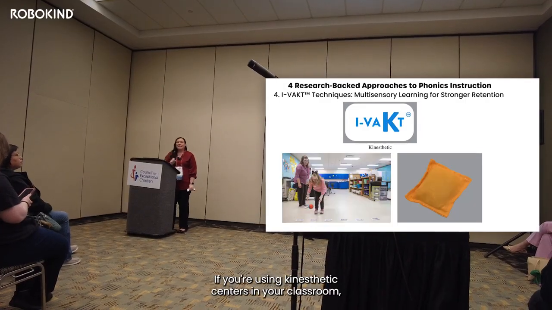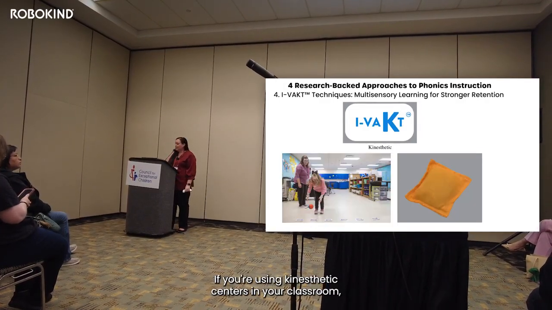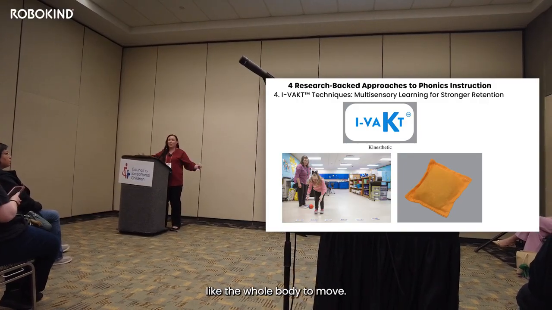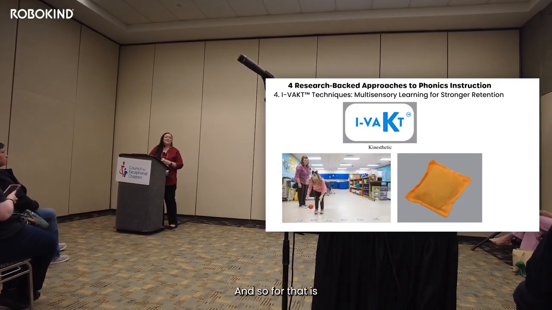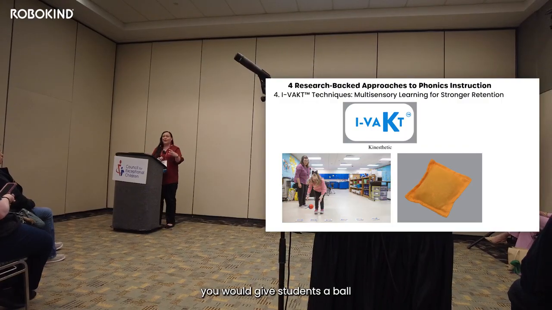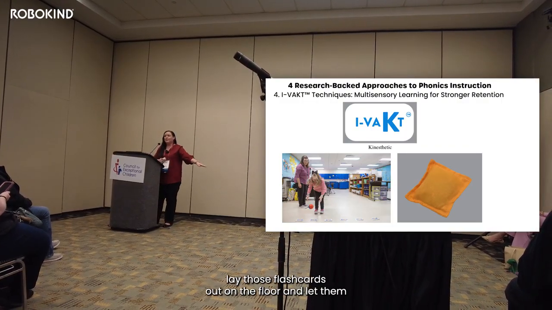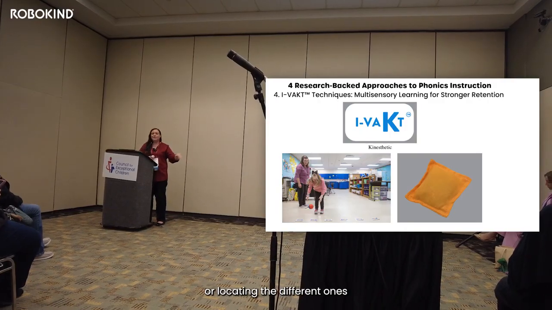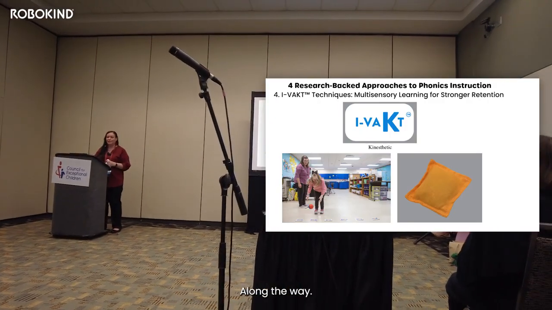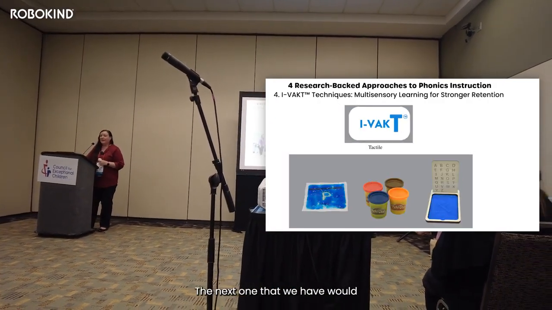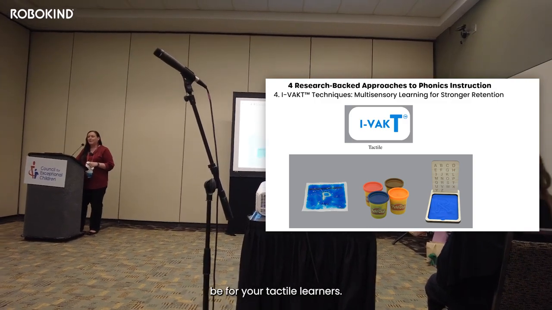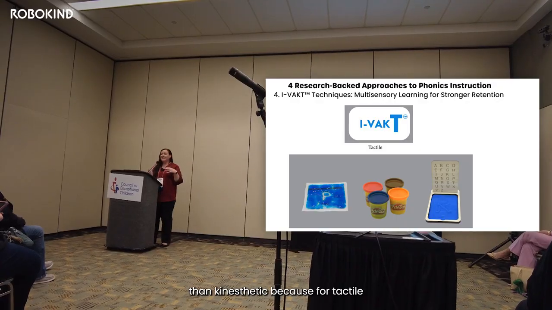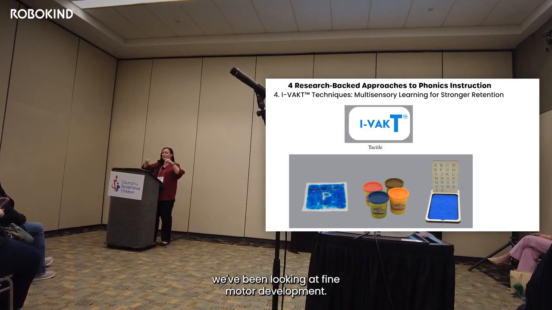If you're using kinesthetic centers in your classroom, that means you're using gross motor skills, the whole body to move. For this, you would give students a ball, lay the flashcards out on the floor, and let them bounce it and practice saying or locating the different ones, or use bead bags to help along the way. The next one is for your tactile learners. Tactile is different than kinesthetic because for tactile, you're looking at fine motor development.